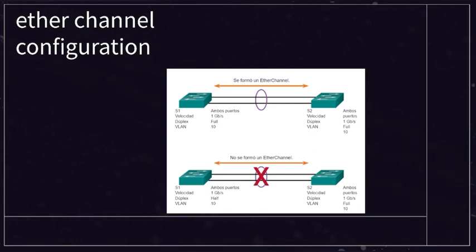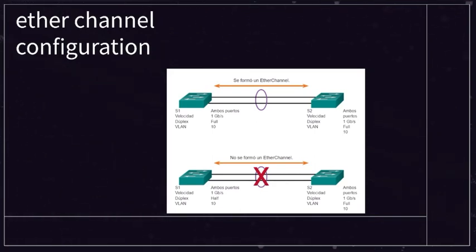When PAgP identifies compatible Ethernet links, it bundles the links into an EtherChannel. The EtherChannel is then added to the spanning tree as a single port. When enabled, PAgP also manages the EtherChannel.